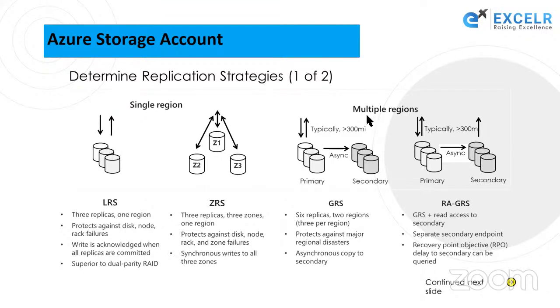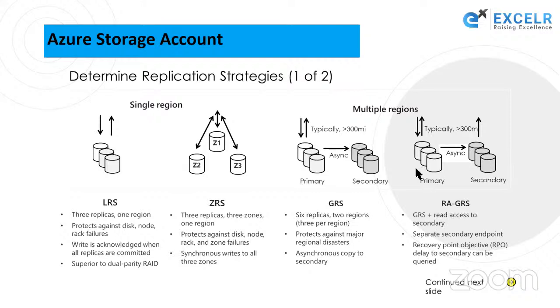Typically there is a lag of 300 milliseconds between the data you have and what is going to be available in the secondary. Now LRS and ZRS are a single region, whereas your GRS and the RA-GRS, which is nothing but read access geo-redundant storage.